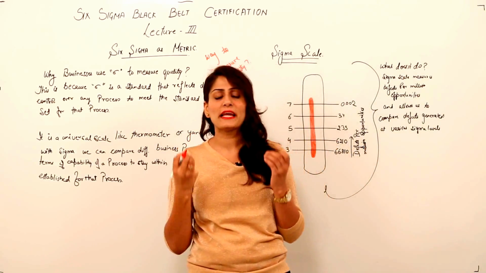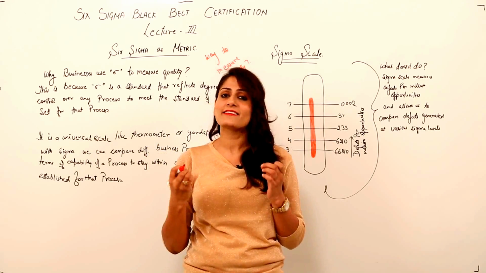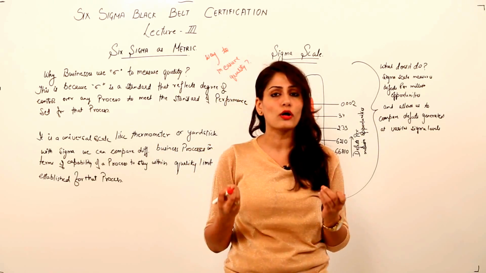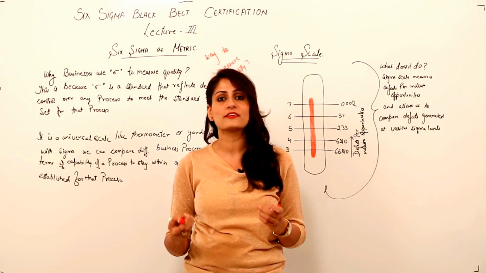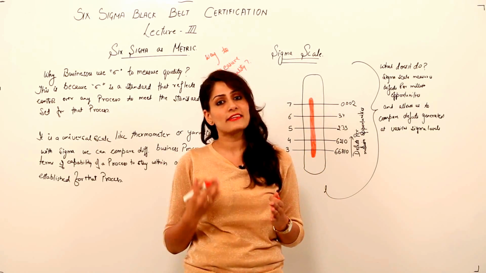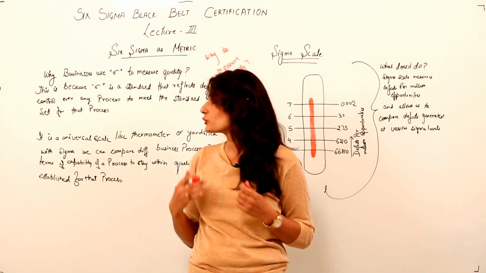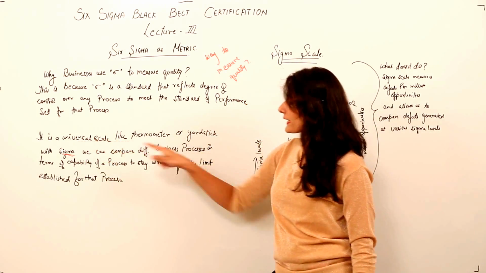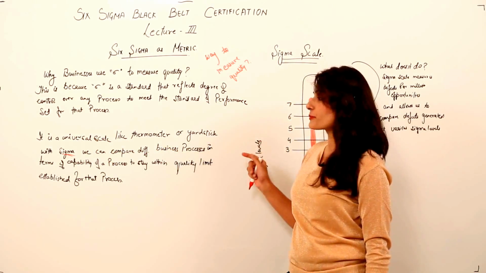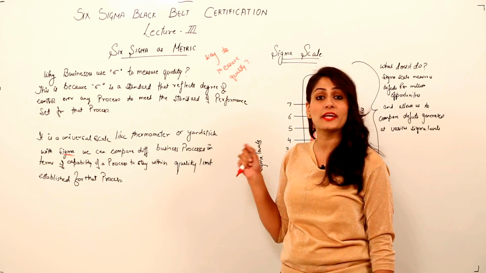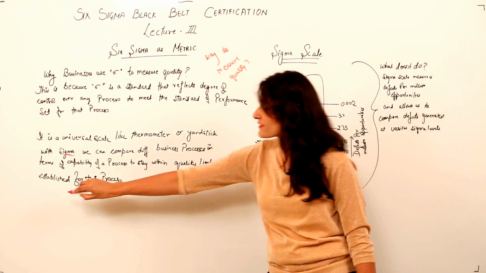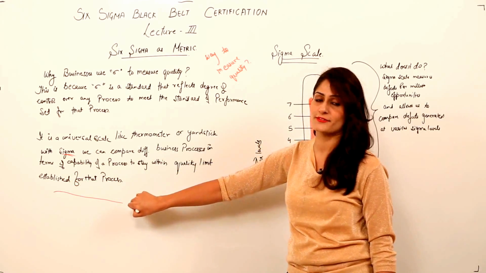Now, if I have to explain it in simple words, it's a universal scale. Like we use a thermometer to measure temperature and yardsticks to measure inches, in the same way we use sigma to measure quality. So, with sigma, we can compare different business processes in terms of the capability of a process to stay within a quality limit established for that process.